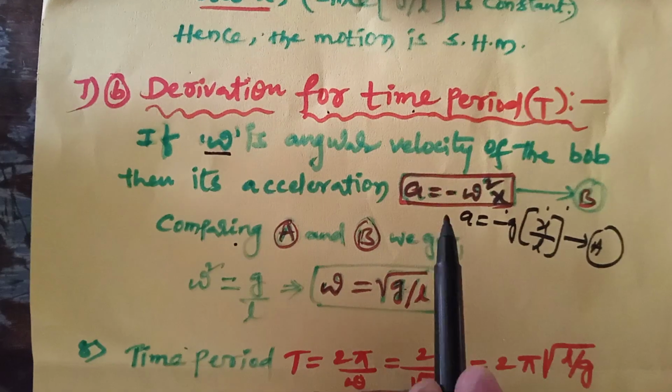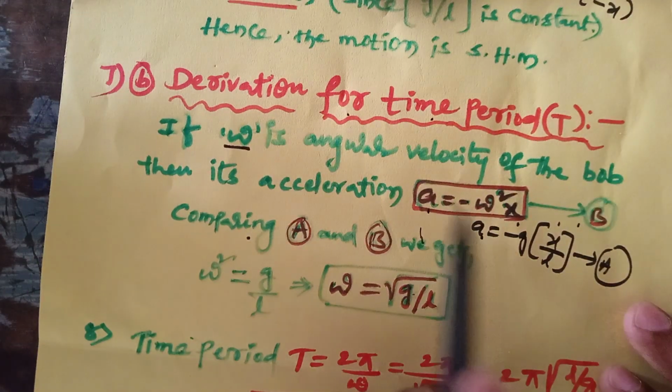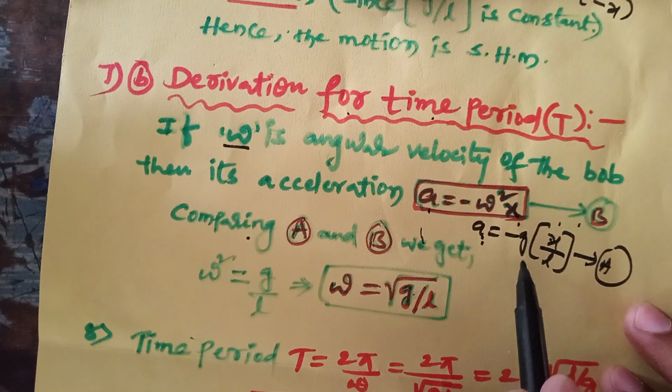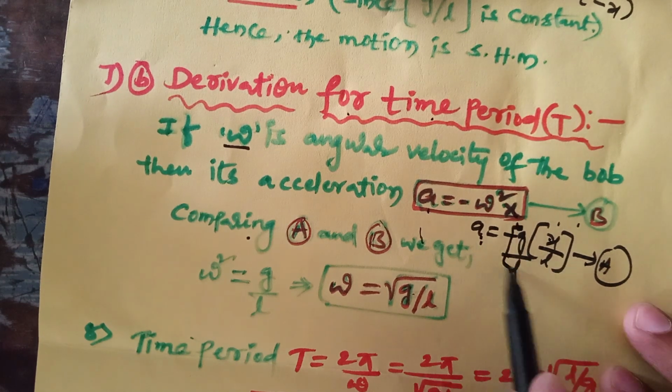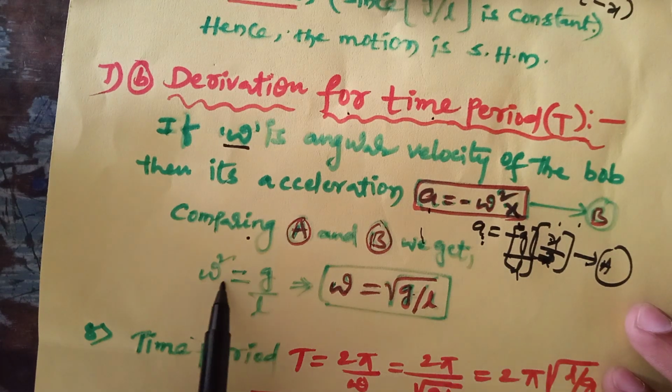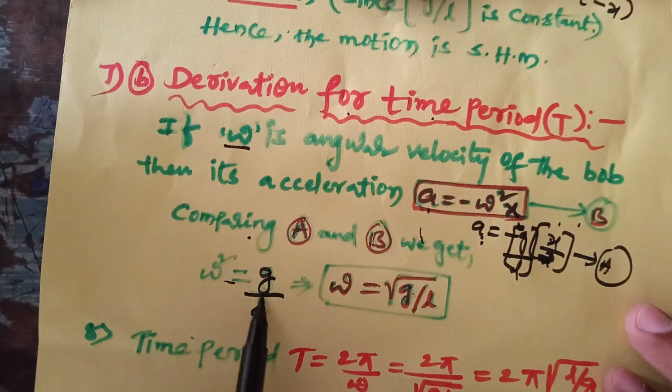Comparing these two, a is the same and x is the same, so the remaining term is omega square equal to g by L.